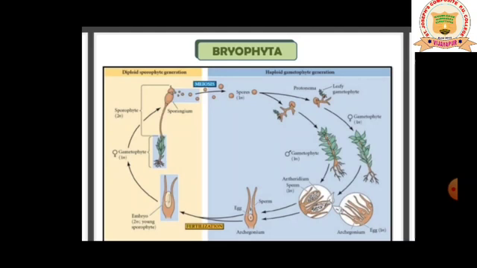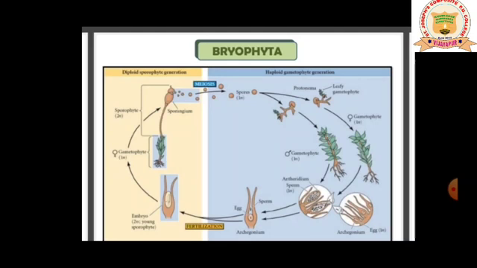When they fuse, they would have to divide and then produce a separate plant. But it's not like that. The zygote will not go for the division. It will turn into a multicellular body. We call it sporophyte. The sporophyte is not free living but attached to the photosynthetic gametophyte and derives nourishment from it.